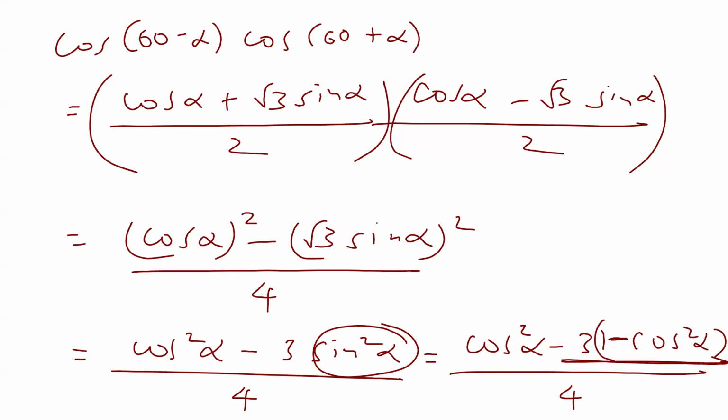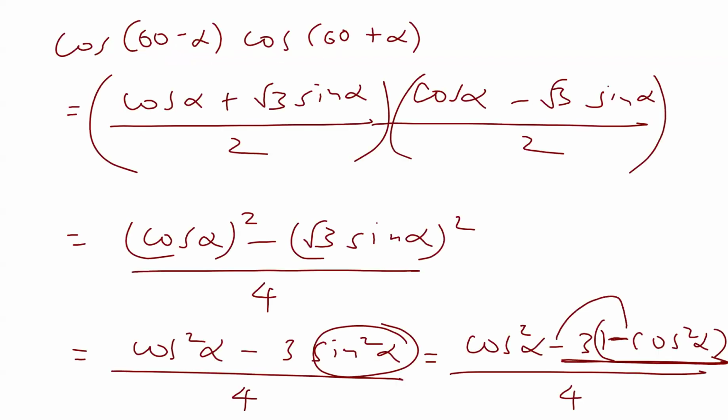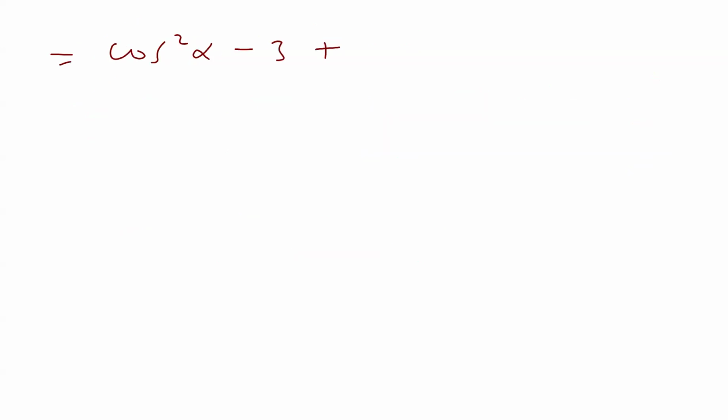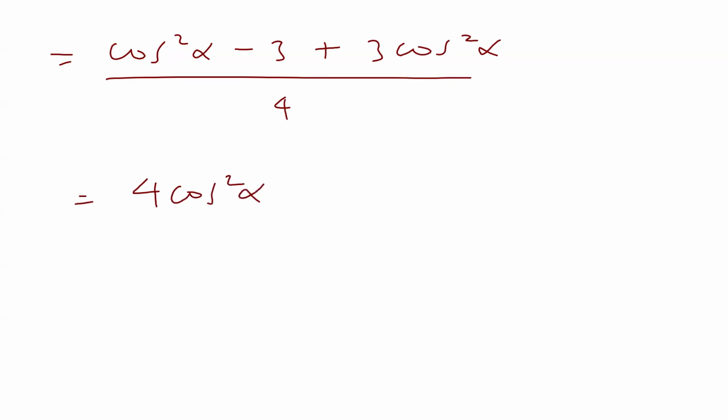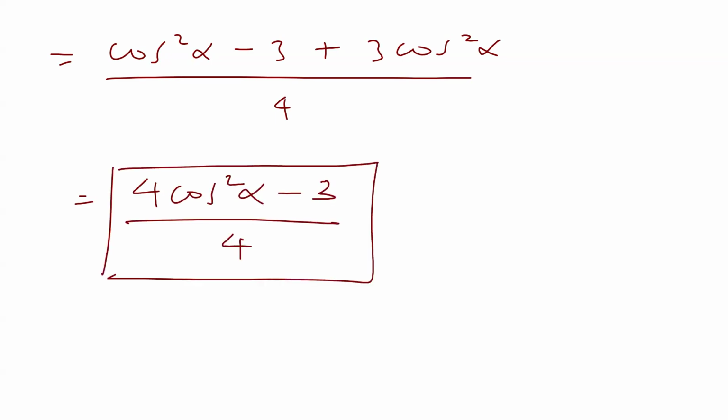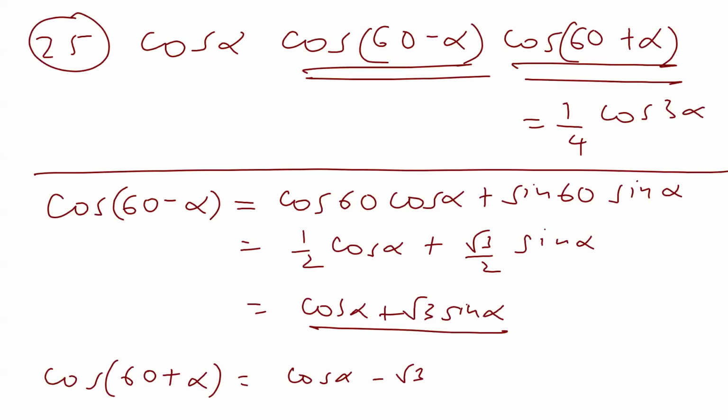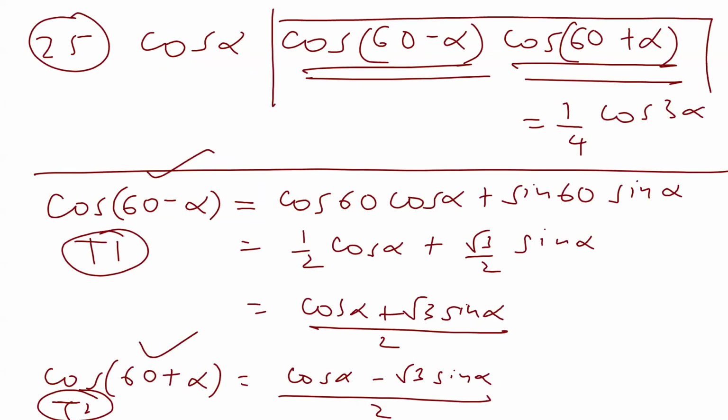So this is equal to cos square alpha minus 3 plus, minus into minus is plus, 3 cos square alpha, upon 4. So this is equal to 4 cos square alpha minus 3 by 4. Okay, so this is the product of these two terms in the LHS.